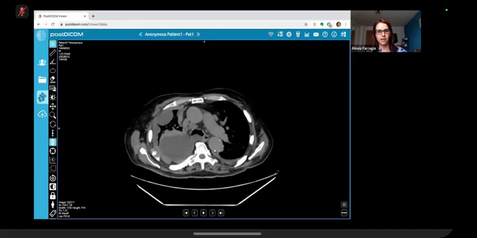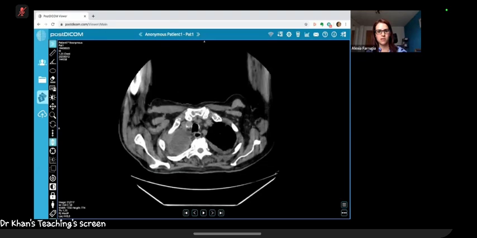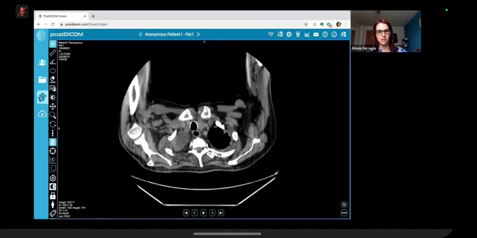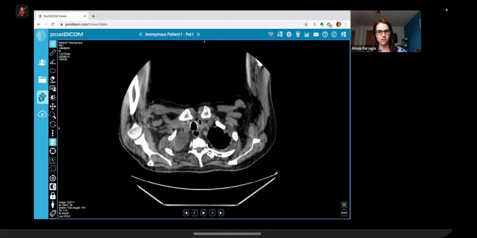If we go back to the first couple of slices, there's a left thyroid lobe, but there's no right thyroid lobe and no isthmus. Does that help you in narrowing your differential as to the cause of these appearances?